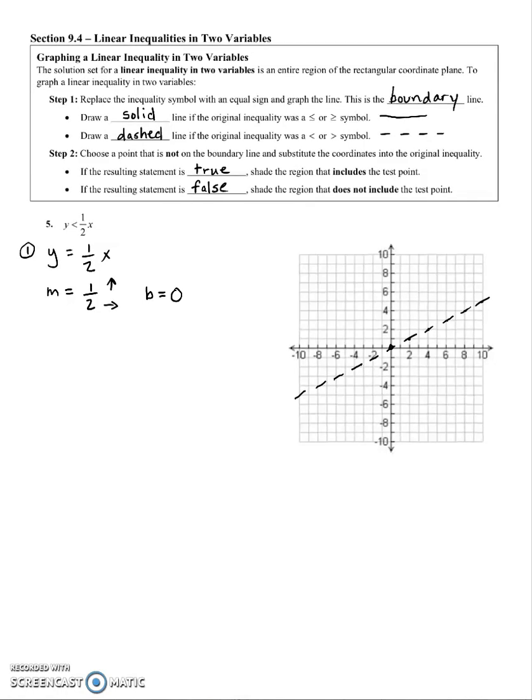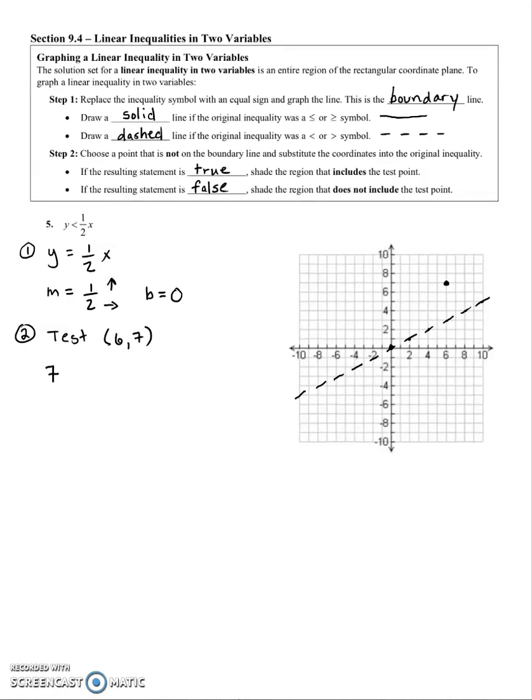Now, let's pick a test point. So I'm going to pick a point above the line. I'm going to pick the point 6, 7. So we're going to test the point 6, 7. I go back to my original inequality and I plug the numbers in.